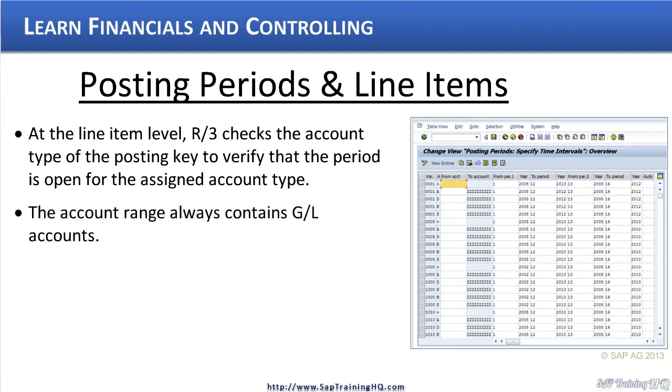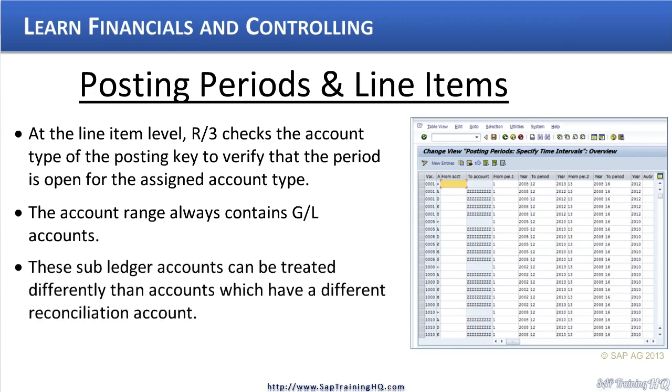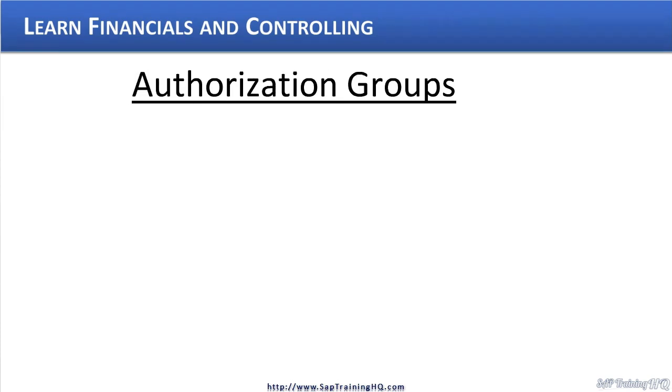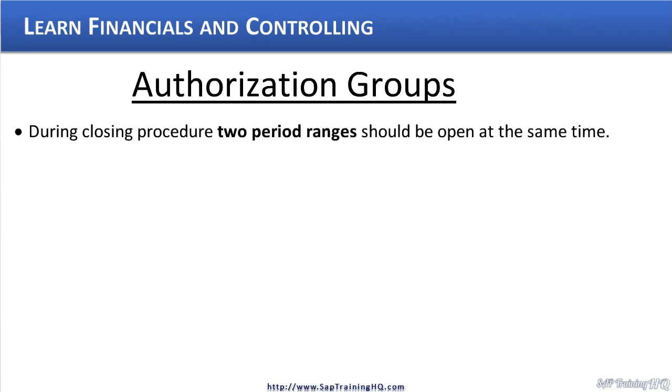By entering certain reconciliation accounts behind subledger accounts, these subledger accounts can be treated differently than accounts which have different reconciliation accounts. During the time of the closing procedure, two period ranges have to be open at the same time. Therefore, two period ranges can be entered in the posting period table.